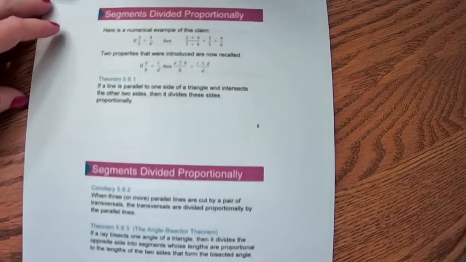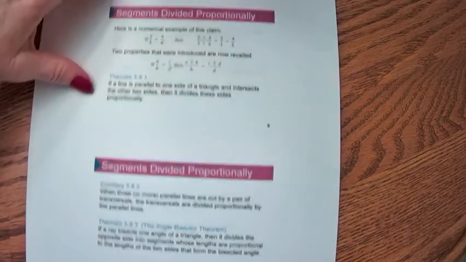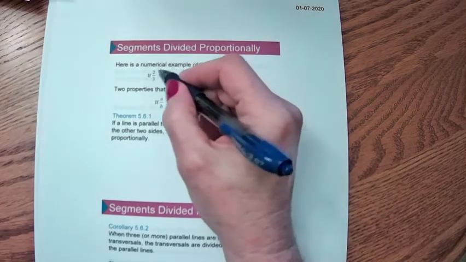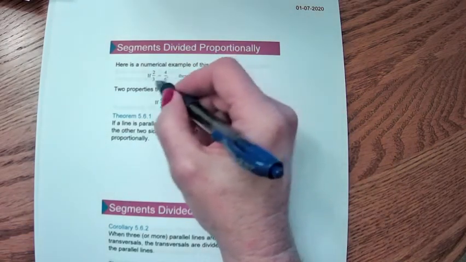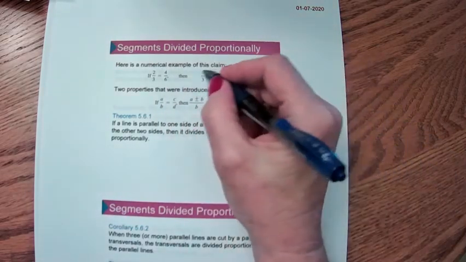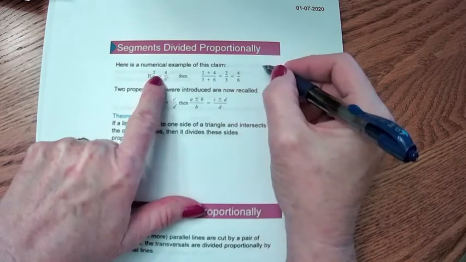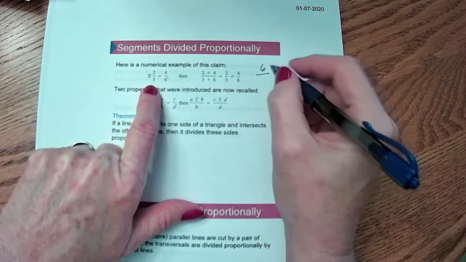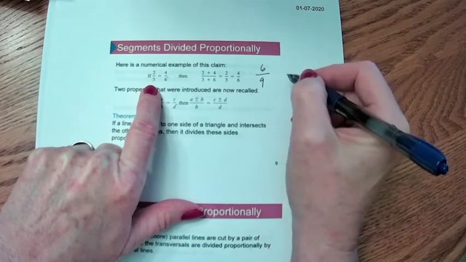It's kind of a little trick. So here I have 2 is to 3 as 4 is to 6. Well, they are proportional, aren't they? That's a true proportion. So let's add the numerators. 2 plus 4 is 6. And add the denominators. 3 plus 6 is 9.